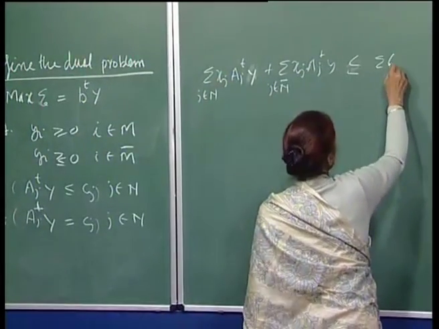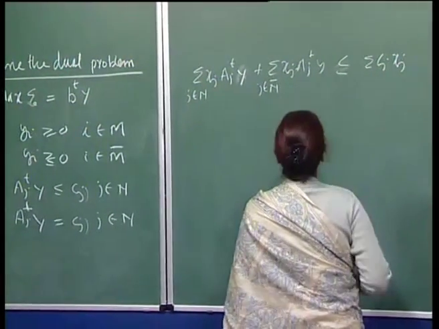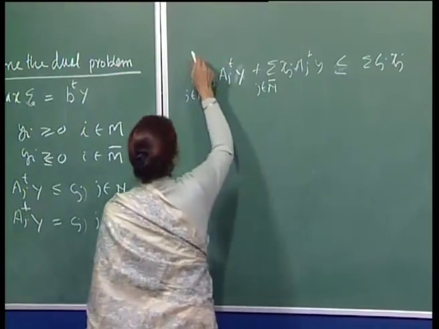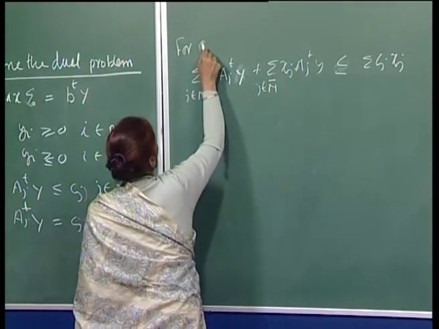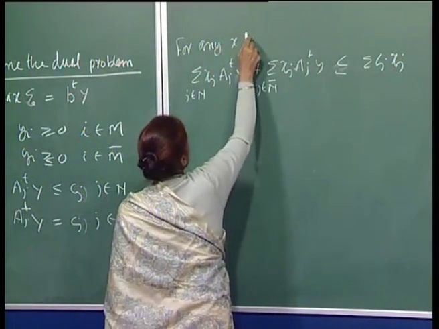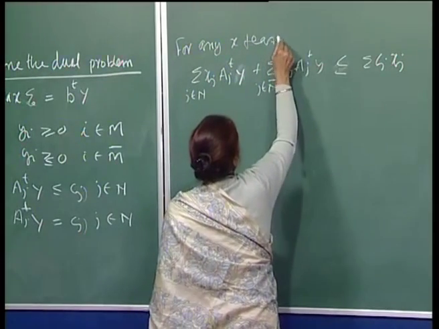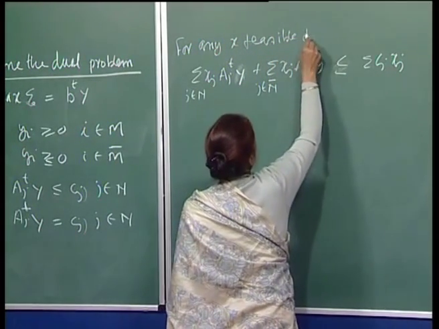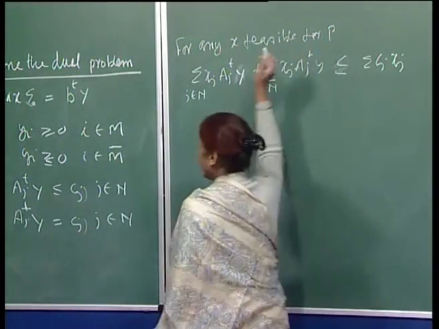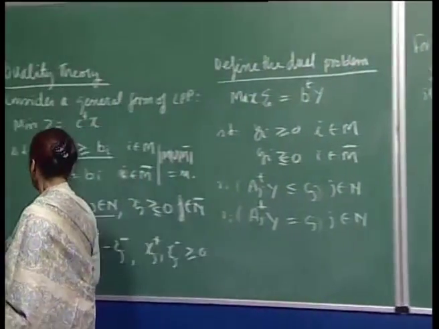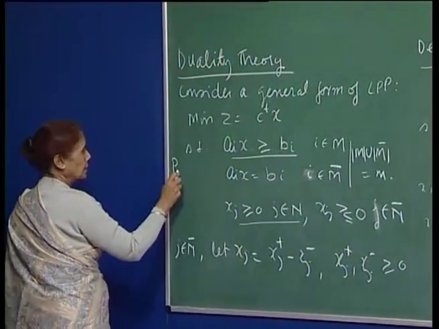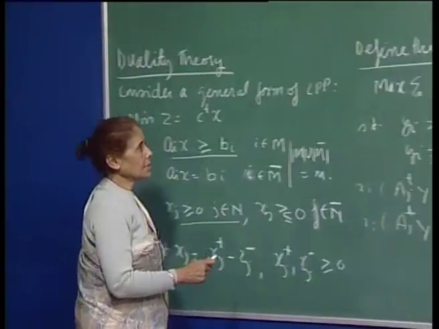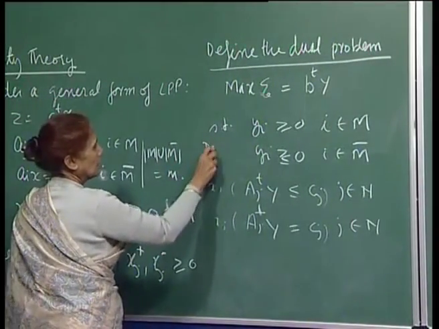So, now I will add for any x feasible for p. Let me write this problem as my primal problem p, and this as my dual problem d.